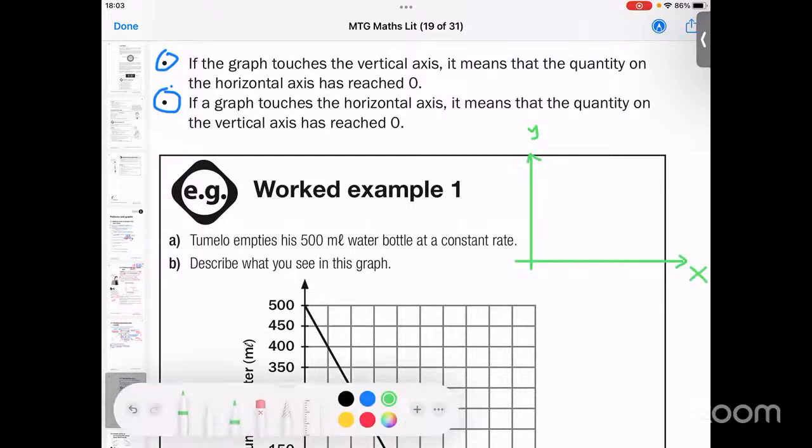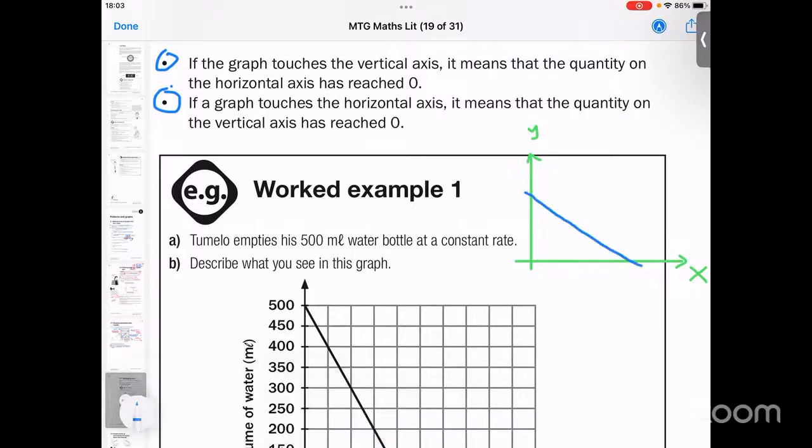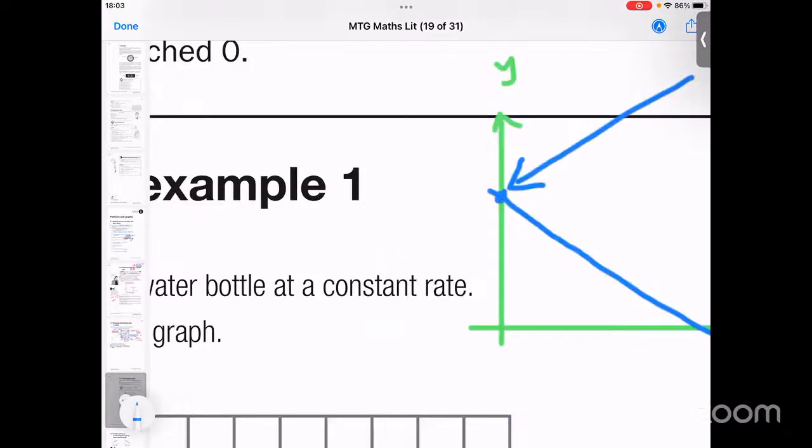So what it means is that this is a point, you see that point there, where that graph touches the y-axis.